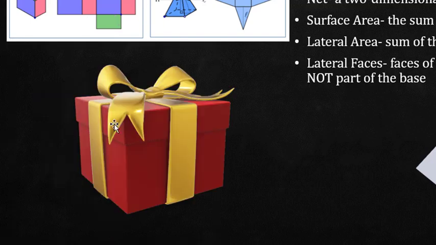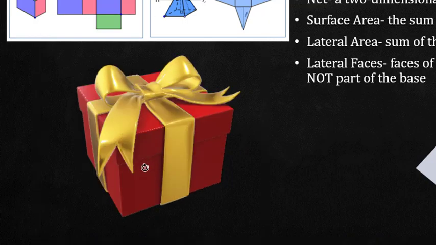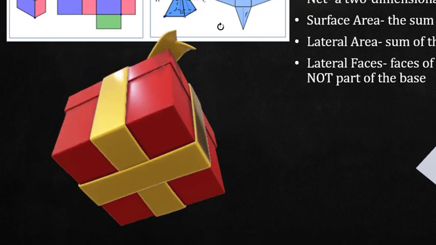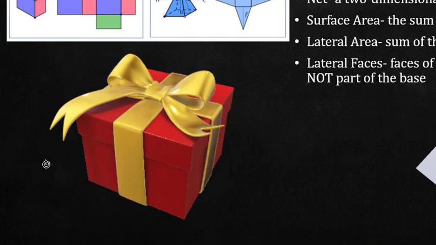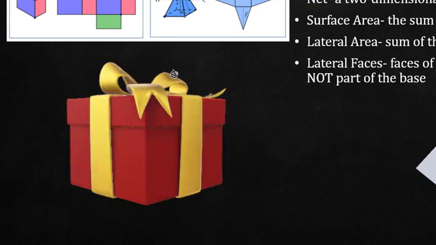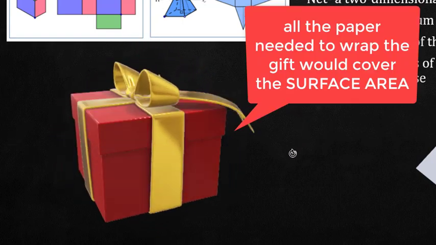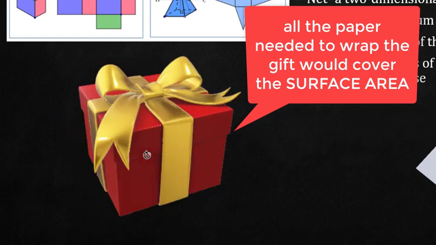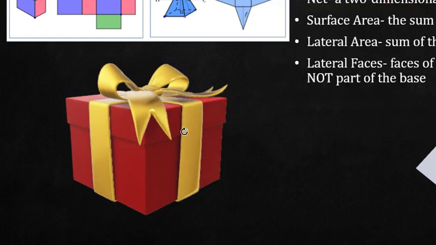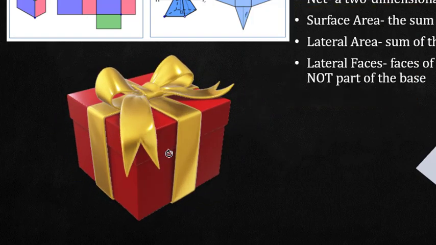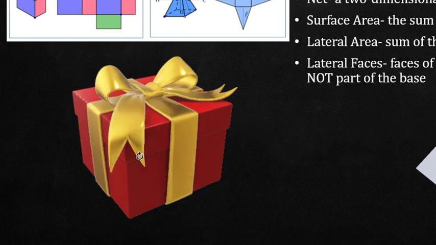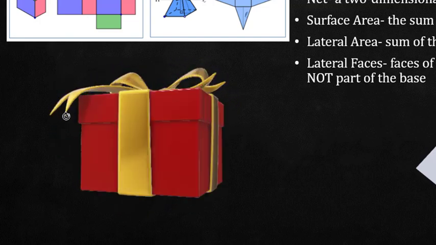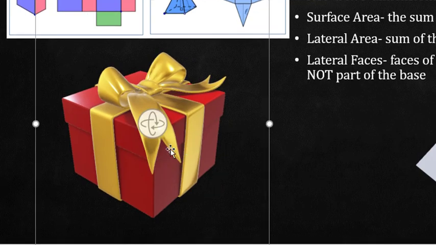So just like that, we have wrapped up our gift of knowledge here. And the whole thing has been wrapped up with a cute little bow tied on it. And so the outside of it is all covered in wrapping paper. All right, well, that would be the surface area. So the surface area would be covering the entire thing with wrapping paper.